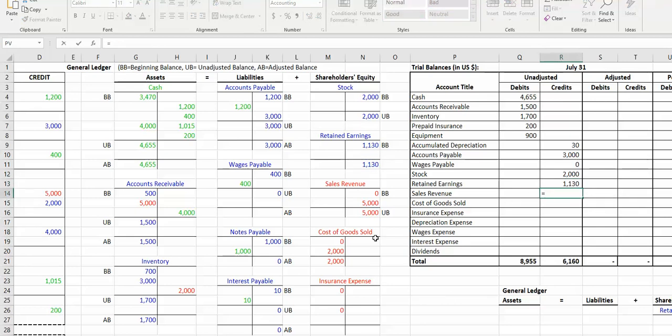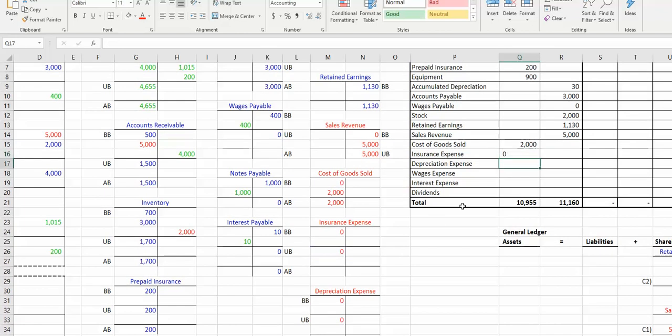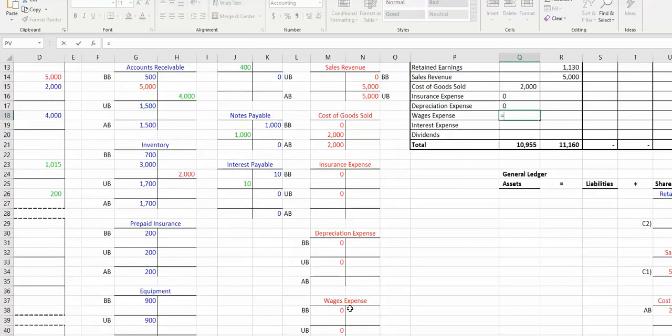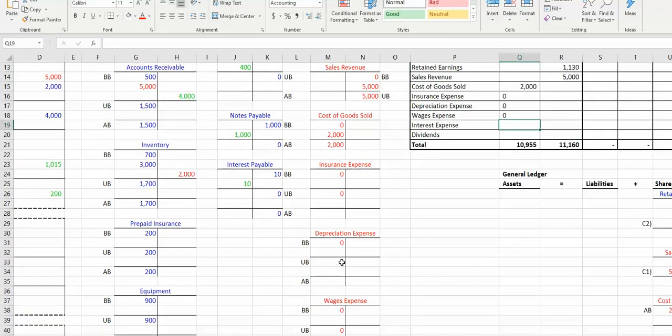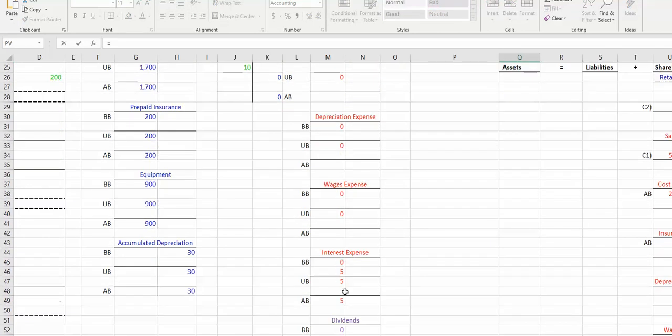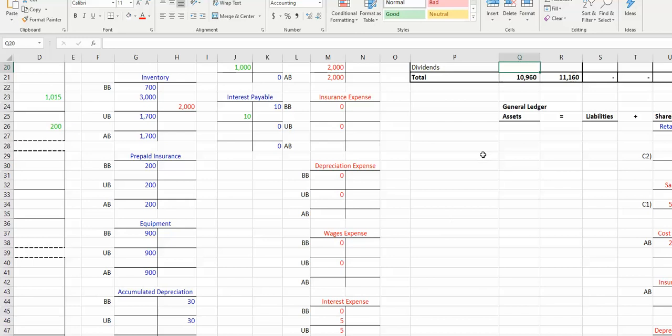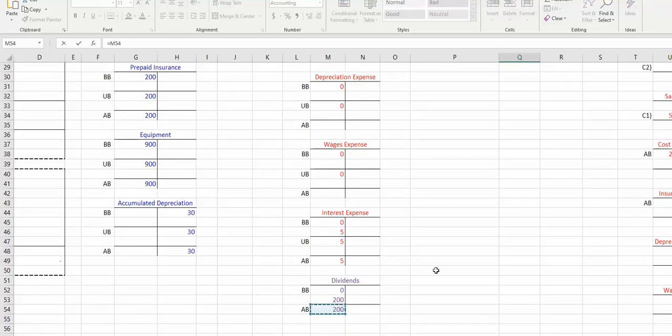And our revenues, they go up because you give goods or services. Expenses are all normal debit balances. They make shareholders' equity go down. Interest expense. And lastly, dividends, all debit balances.